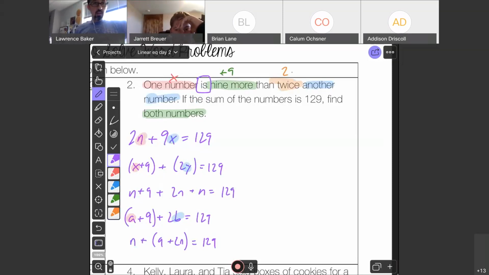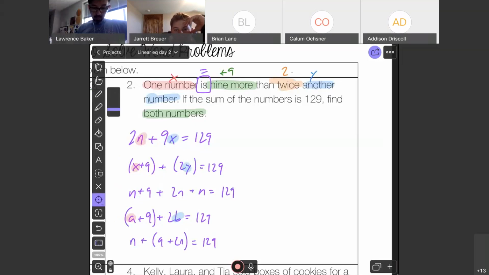Yeah, right, Kyla. Is means equals. So if I read this, x is 9 plus 2 times some other number. Again, whatever I want to call it. In this case, I'll call it y. So x equals 9 plus 2 times y. So there's an equation.